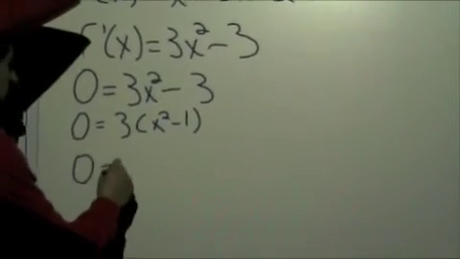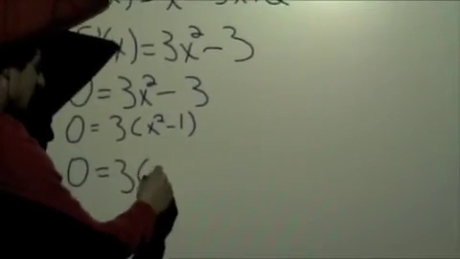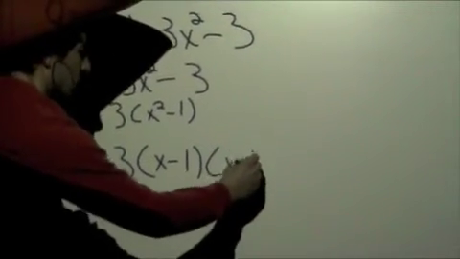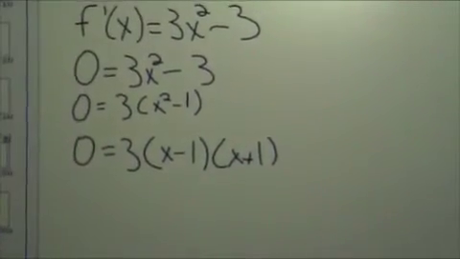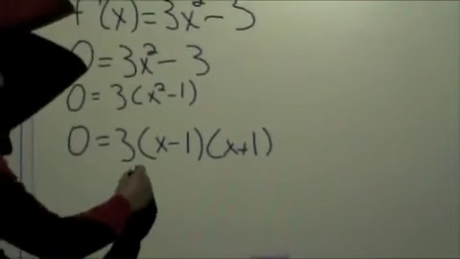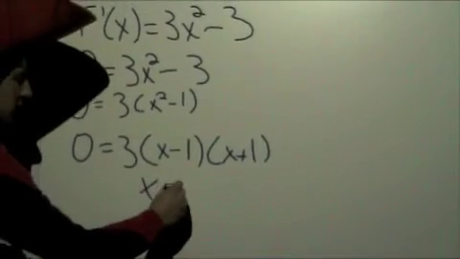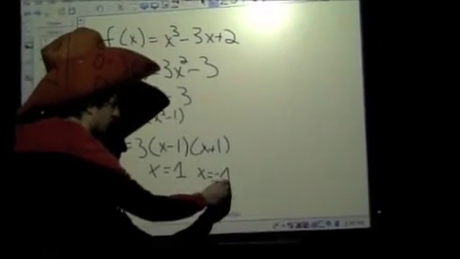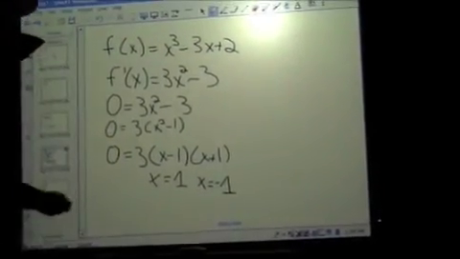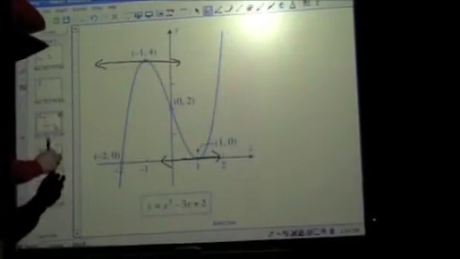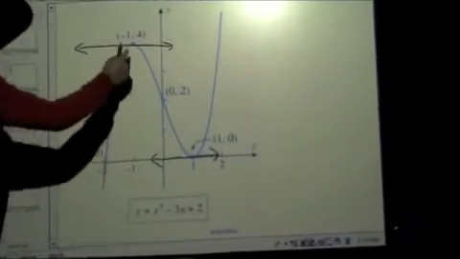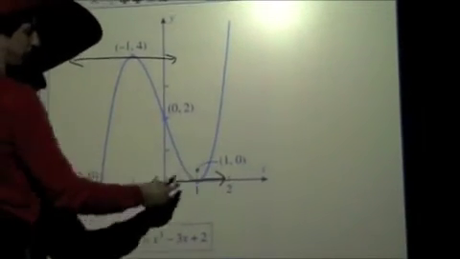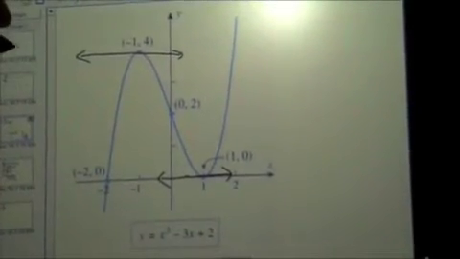So 0 equals 3 times x minus 1 times x plus 1. So the x values where the slope of the tangent line equals 0 are x equals positive 1 and x equals negative 1. If we look back to the graph, when x is negative 1, there is a relative maximum. When x is positive 1, there's a relative minimum. So our answers are correct.